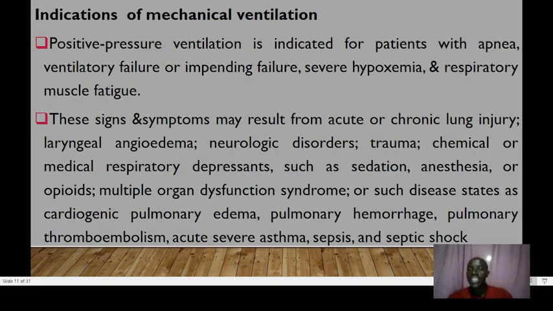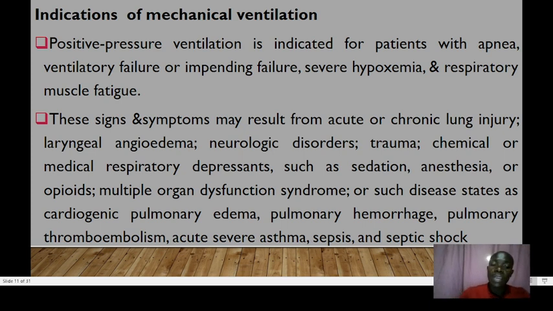We have several indications of mechanical ventilation. As you know, positive pressure ventilation could be indicated for a number of patients with apnea, ventilatory failure, impending failure, severe hypoxemia, and respiratory muscle fatigue that has been brought about by different medical conditions.